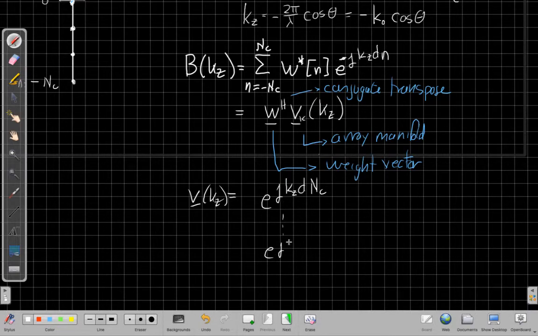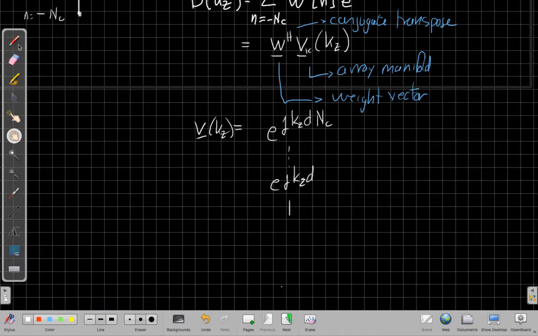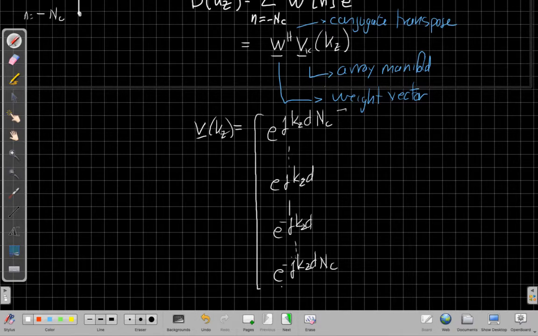It would count down to e to the j k_z d, and then a 1, and then e to the minus j k_z d, all the way up to e to the minus j k_z times d times N_c. So that's the manifold vector for the plane wave propagating in a direction whose projection onto the z-axis is k_z. So this is our manifold vector here.